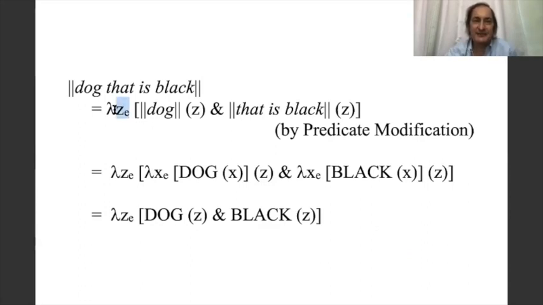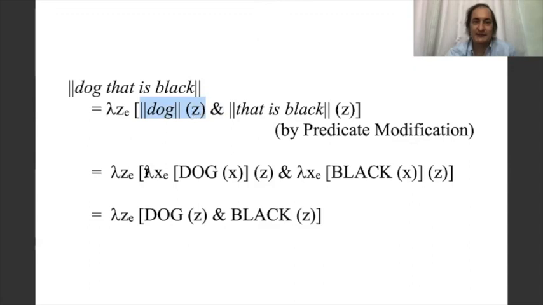Predicate modification says add a new variable, lambda z, take the translation of dog to apply to z, take the translation of "that is black" to apply to z, put the two together with an "and." Then we do the same calculation that we did before.